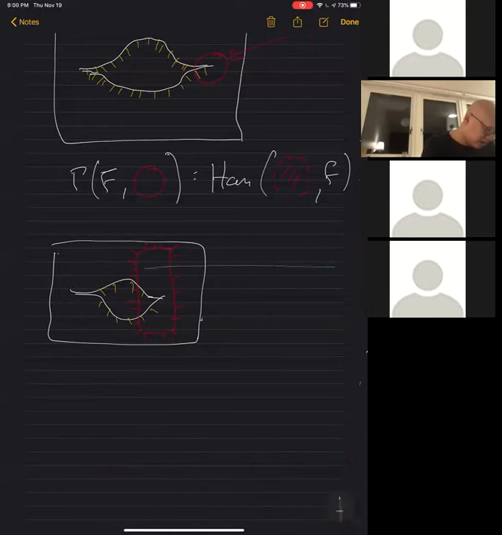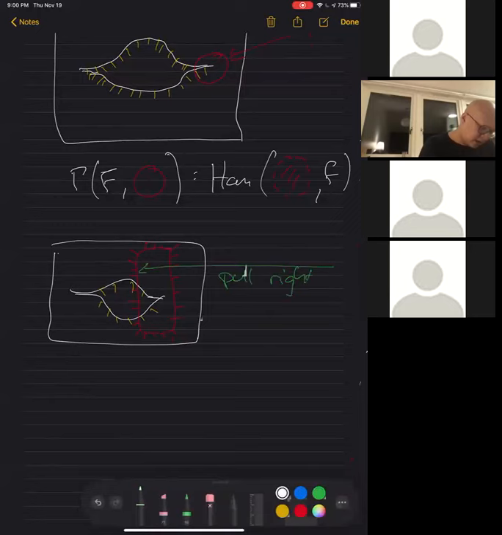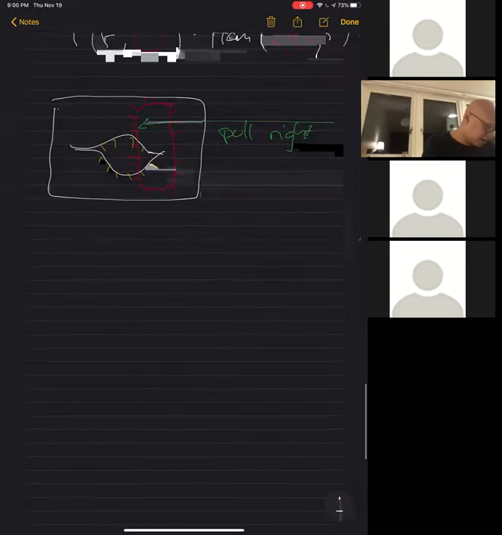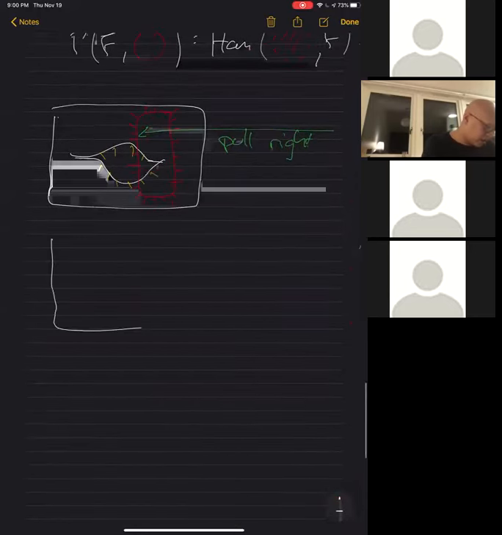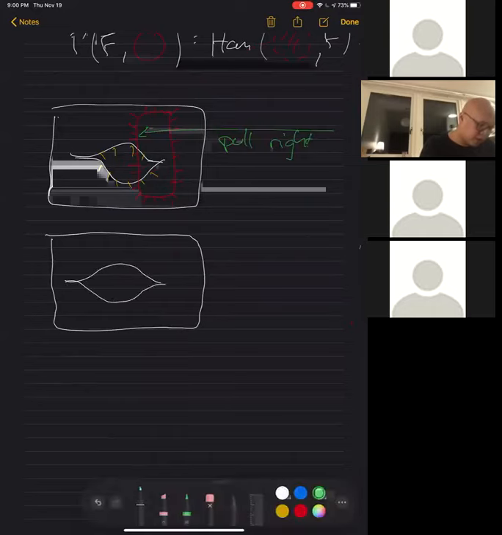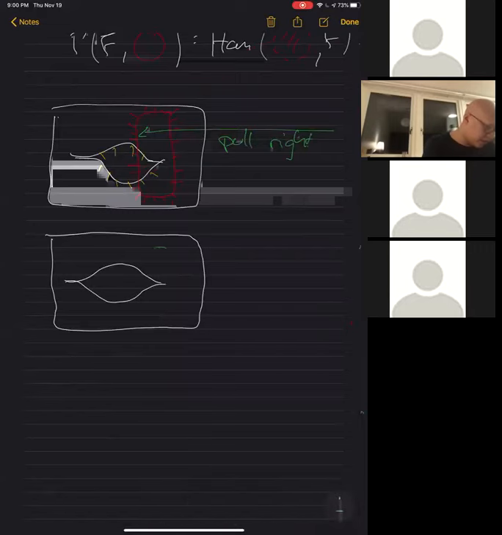If I take this line here and I pull it right, then there's two things to observe. One is that in the process of pulling it right, the red never meets the yellow. It's going to be green now because it was not visible as red.